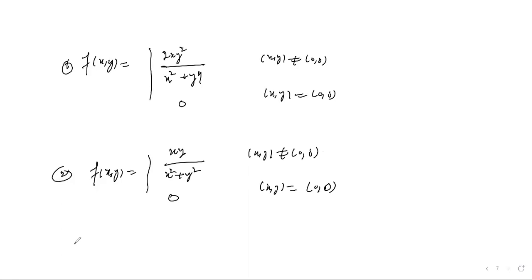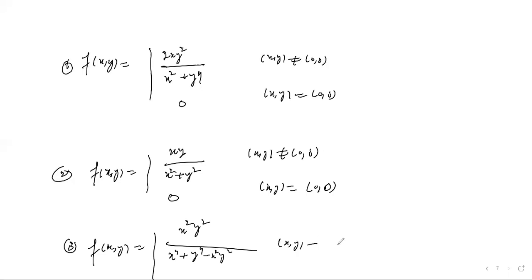And now the third problem is this, f of x comma y is equal to x square y square divided by x raised to power 4 plus y raised to power 4 minus x square y square, for x comma y not equal to 0 comma 0, so 0 for x comma y equal to 0 comma 0.